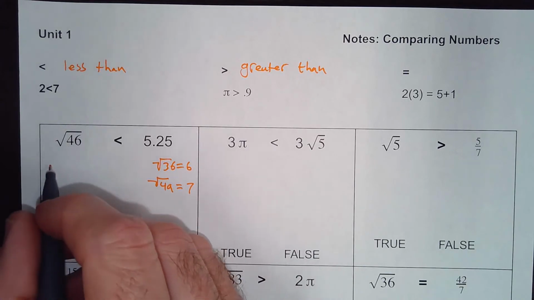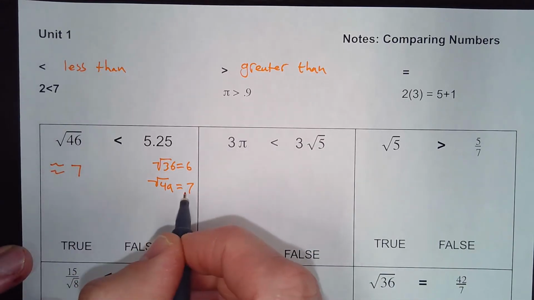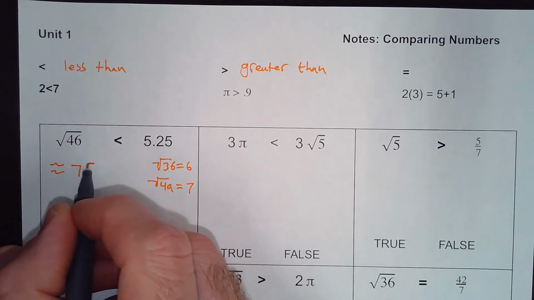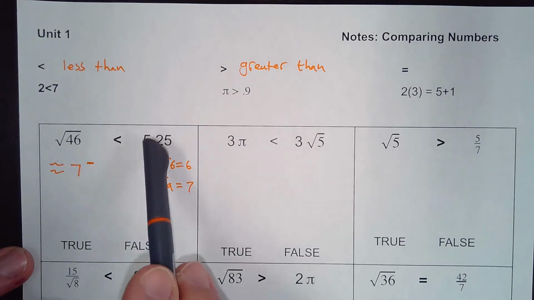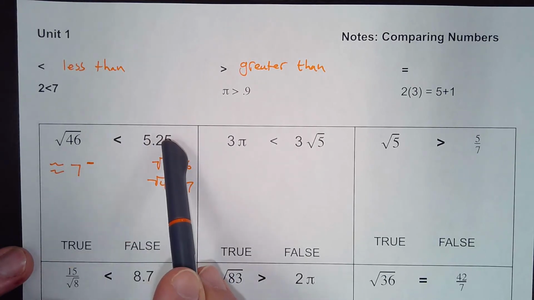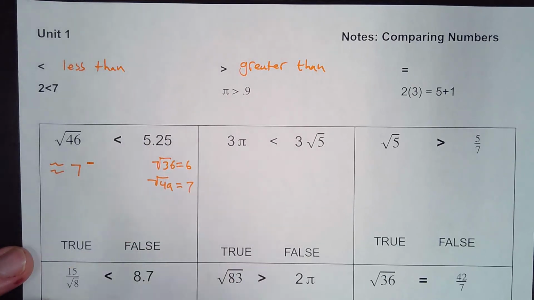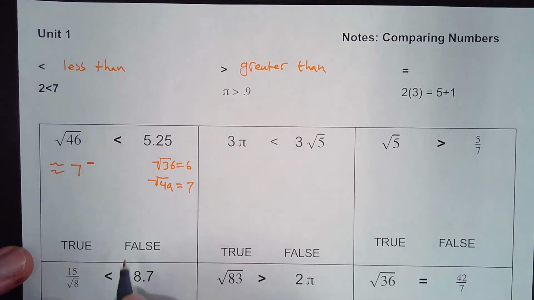So this number is going to be roughly 7, but then we'll say it's a little bit smaller than 7, right? So a little bit smaller than 7 would be something like 6.8, 6.9, 6.5, whatever. No matter what, 6 point anything is going to be bigger than 5.25, right? So we would know this is wrong right away. This is false.